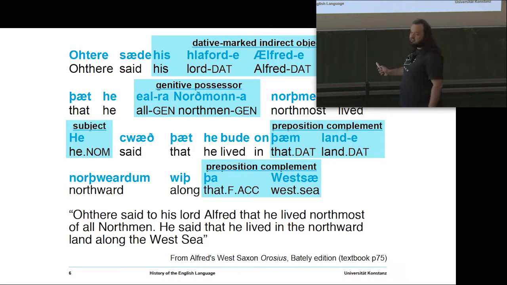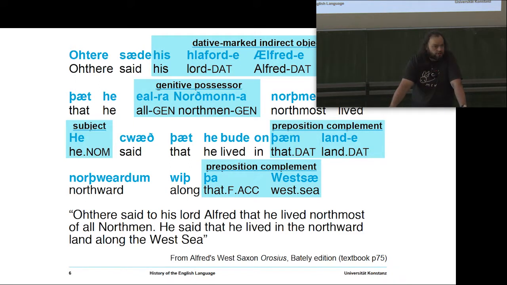He cwæð, he said. Now, this verb, interestingly, cweðan, we don't have it in modern English anymore, but you do see it in some quite late texts. So, for instance, if you are familiar with Edgar Allan Poe, you might know the line, "Quoth the raven, nevermore."